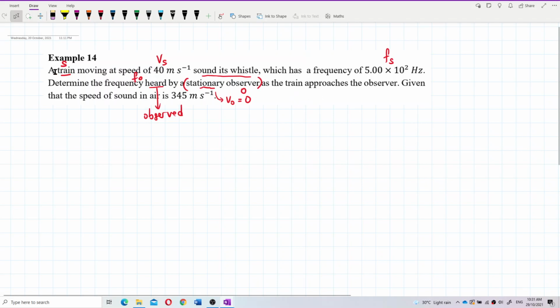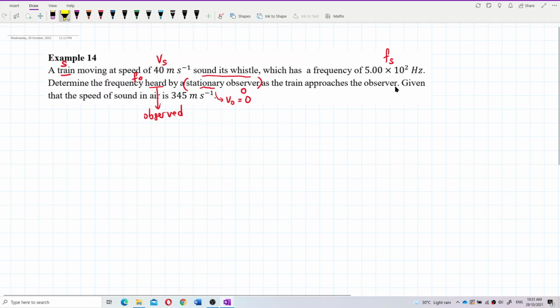Now, the train is moving in what direction? Is the source moving towards the observer or away from the observer? Here it says the train approaches the observer. You need to look for all these keywords.